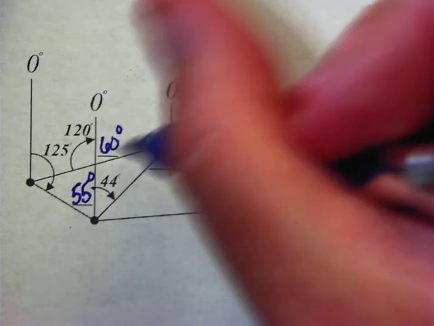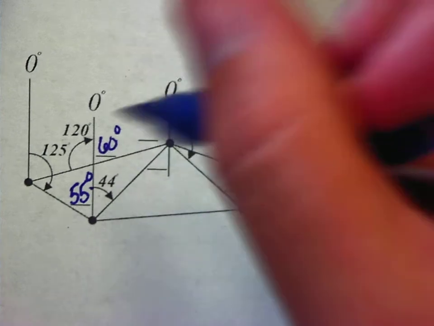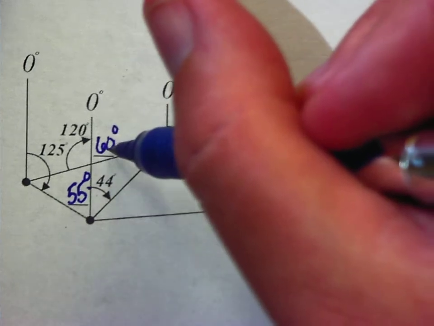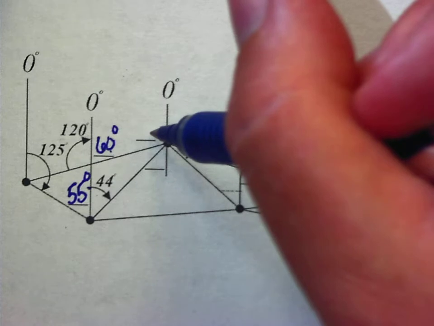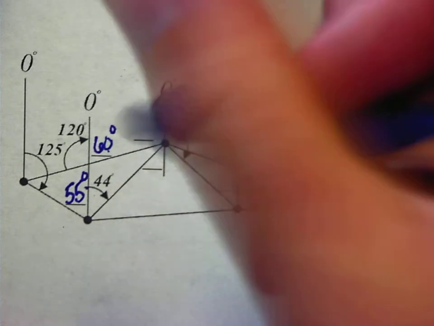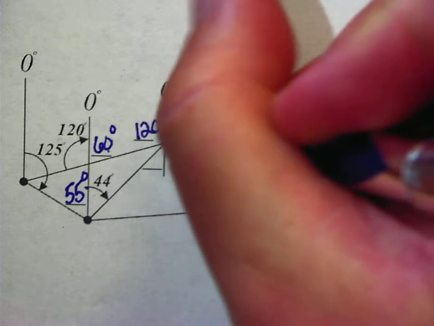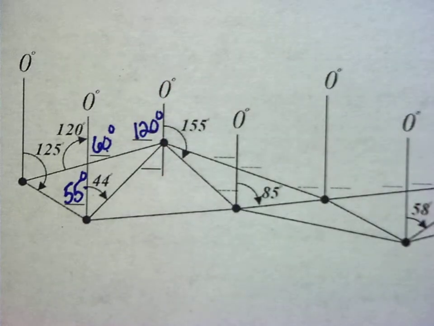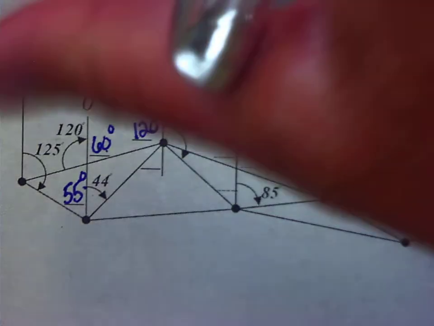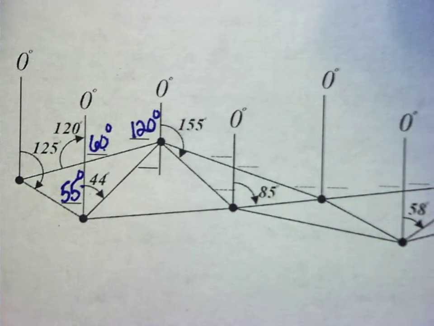Now, because these lines are parallel here, I know that this angle here and this angle here also add up to 180. Therefore, this angle is 120 degrees. And this is what angle chaining looks like, taking measures and working our way through the chain.